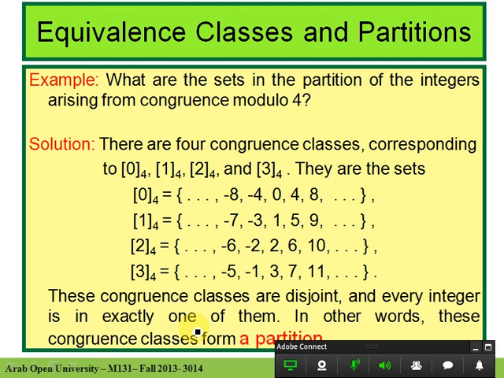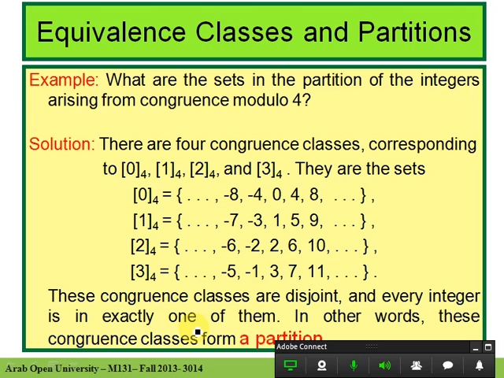Will 1 divide by 4? It cannot be divided, so the remainder is 1 only. 2 modulus 4 is 2, 3 modulus 4 is 3, 4 modulus 4 is 0. So the modulo of 4 gives 0, 1, 2, 3.